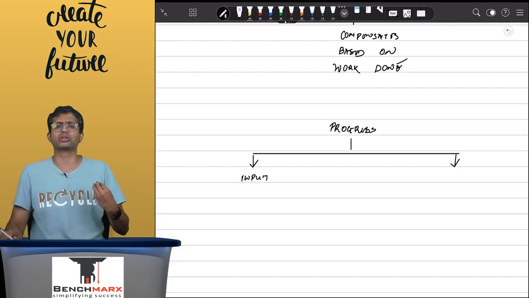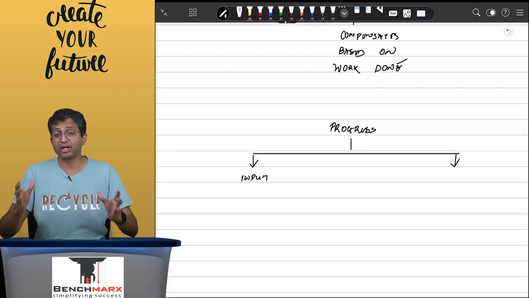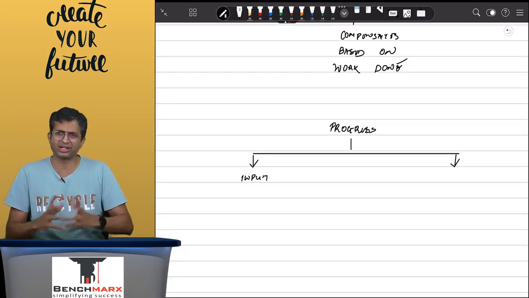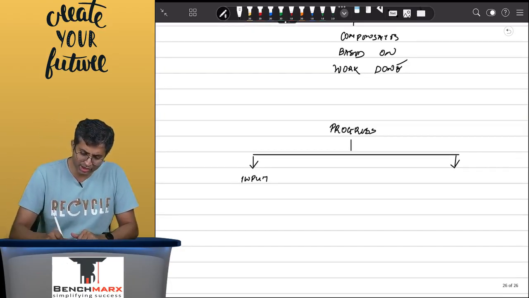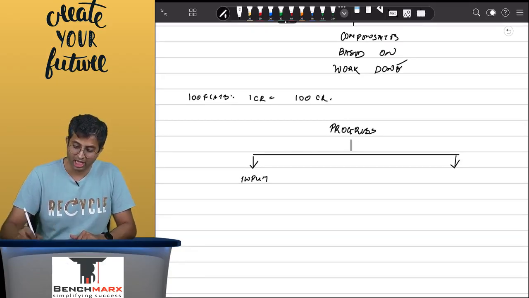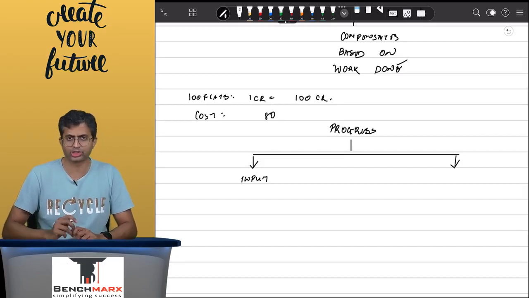Let us say you are a real estate company, you have a project having 100 flats, and these 100 flats you are expecting to sell at 1 crore each, in which case the output is 100 crores. And the cost of this project is expected to be around 80 crores.